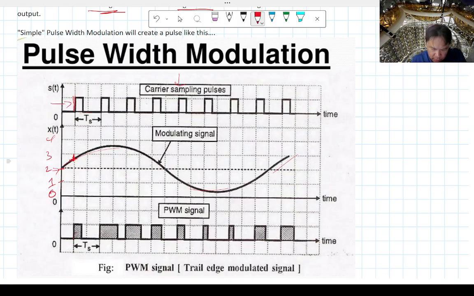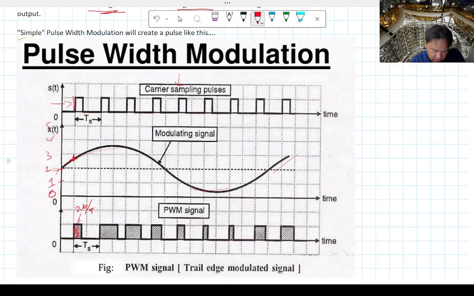And what we do is then we pulse the width of the output on our pulse width modulation to be proportional to about 2.6 divided by, let's say, 5. Let's say the maximum output is 5.